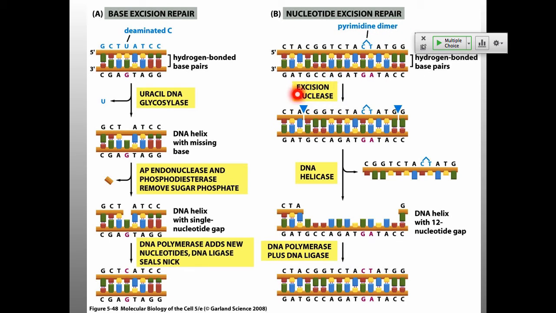These are now endonucleases, because again, they're cutting inside the DNA. DNA helicase is required to get rid of this piece, unwinding that particular piece of DNA. Now you have a 3' OH, a nice template, DNA polymerase and DNA ligase come in and repair this whole piece of DNA. So, two major flavors of repair.